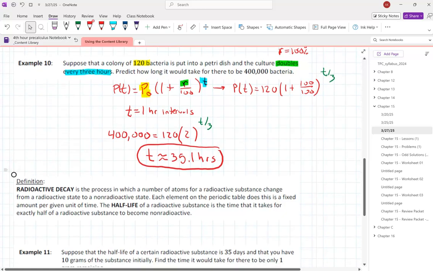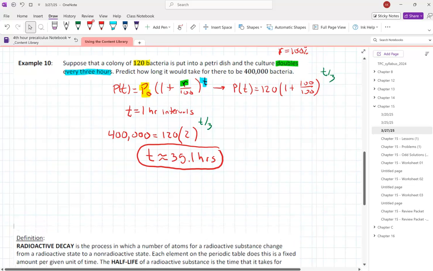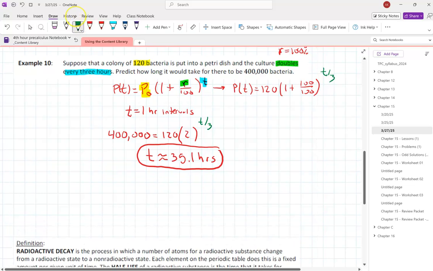So when I graphed on the calculator and found the intersection, I got 35.1 hours.